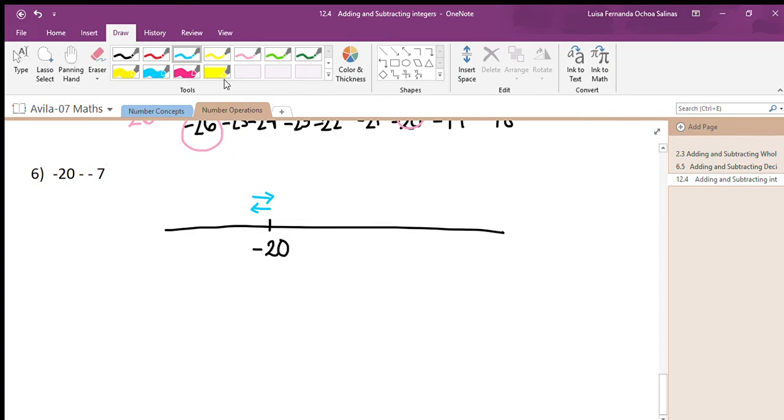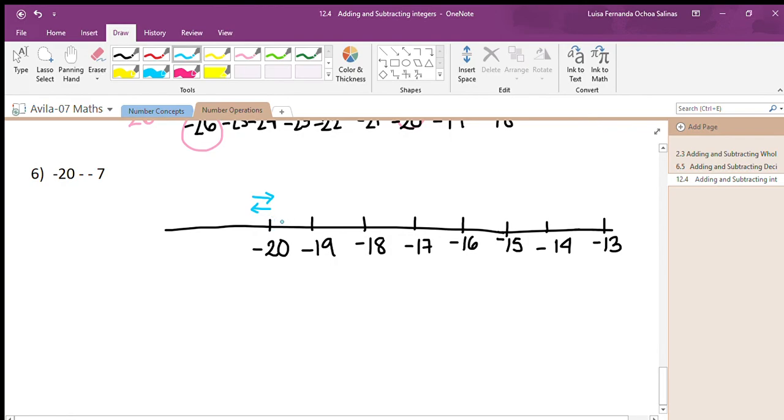And I know how many steps? 7. So I'm going to do it. Negative 19, negative 18, negative 17, negative 16, negative 15, negative 14, and negative 13.